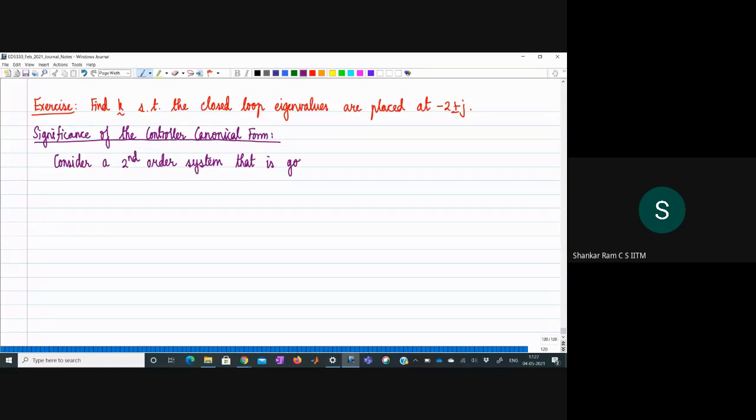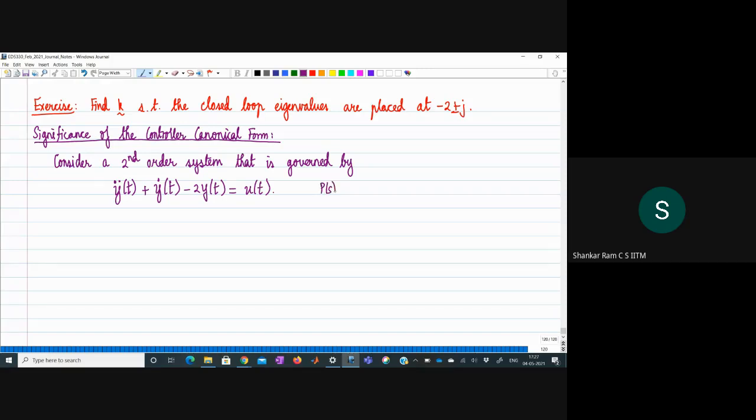Let us consider a second order system whose governing equation is the following: y double dot t plus y dot of t minus 2 y of t is equal to u of t. So this is the governing ODE, and we can immediately see that n is equal to 2.